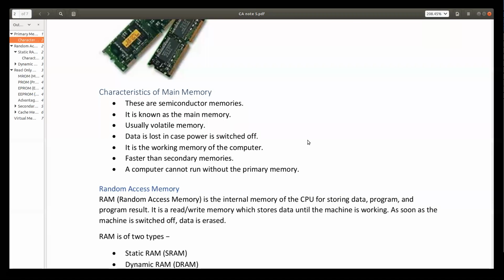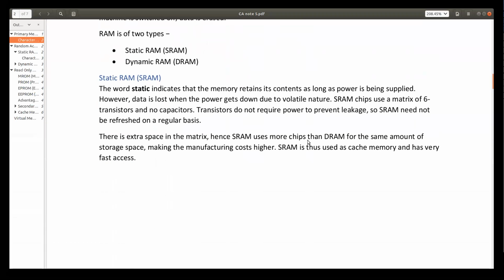But the disadvantage of DRAM is that the data needs to be refreshed periodically, because DRAMs are made of capacitors, and it is the basic nature of capacitors that they need to be refreshed periodically. In case of static RAM, the data will be there until your computer is switched on.